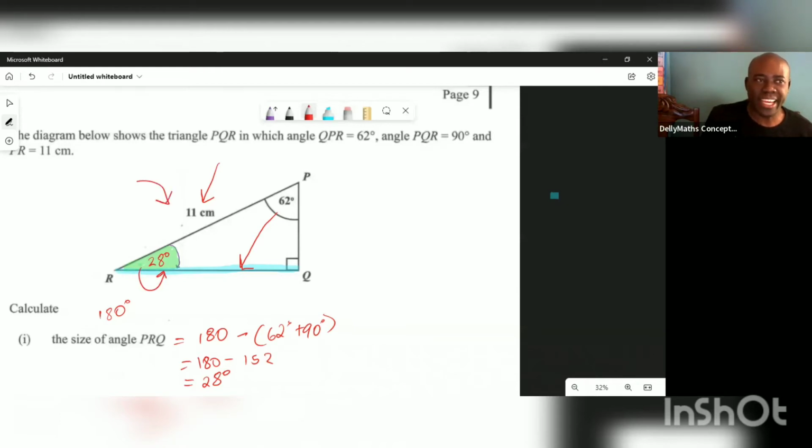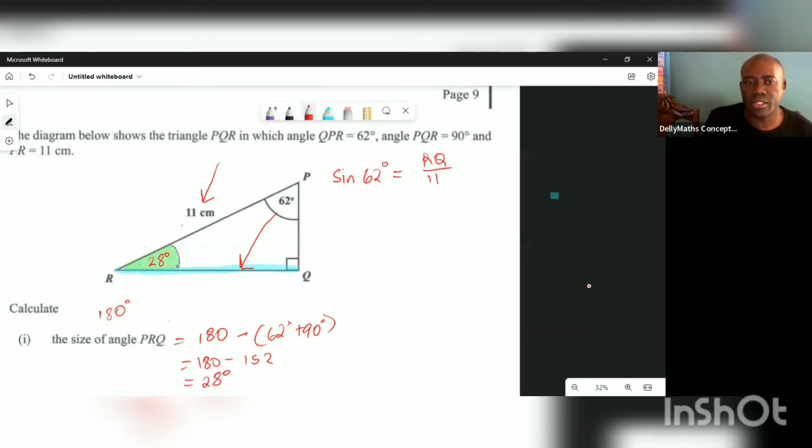So depending on how you want to look at it, I'm just going to work out one way. So I'm going to use sine since I'm using the 62 degrees. So the sine of the 62 degrees is equal to the opposite side, which is RQ over 11, which is the hypotenuse. So that's what we have.